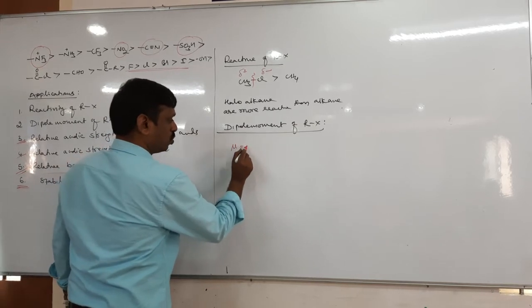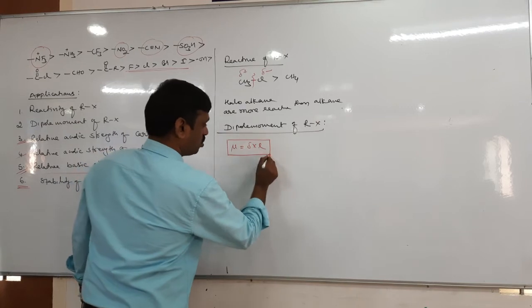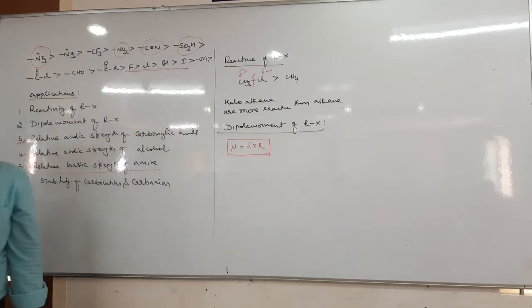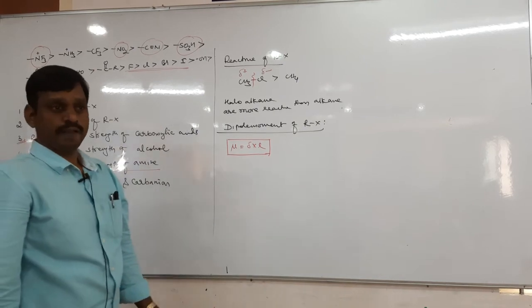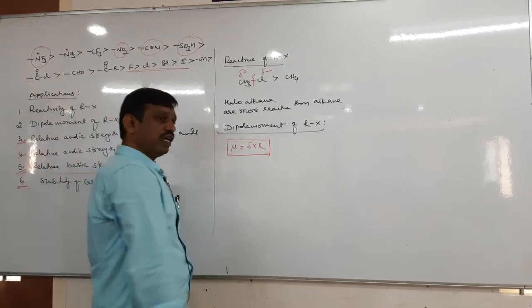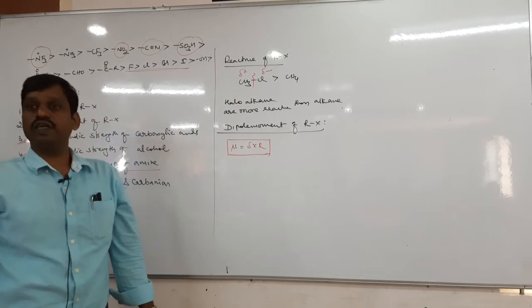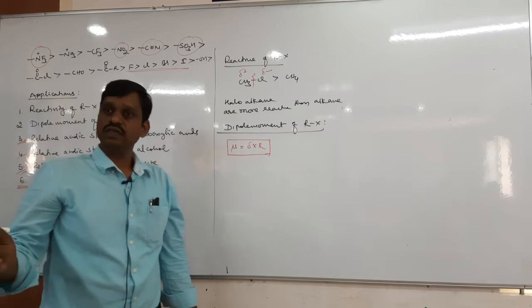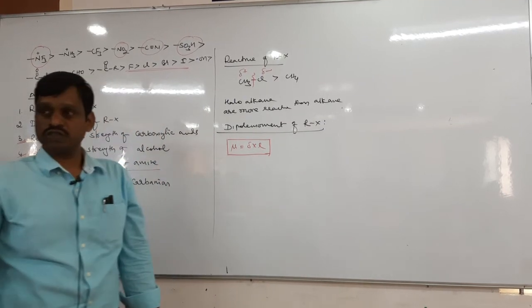Mu equals delta into L, where delta is the charge and L is the distance between the charges. What is the unit of dipole moment? Debye. Dipole moment is either a vector quantity or a scalar quantity? It is a vector quantity. It depends on both direction and magnitude, right?